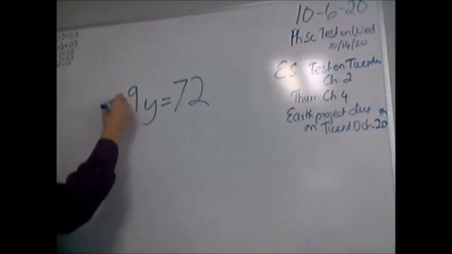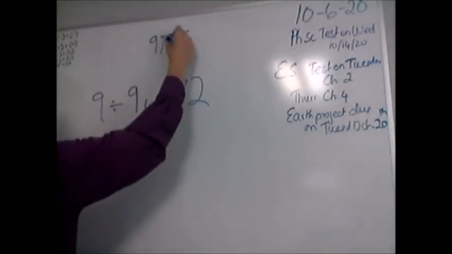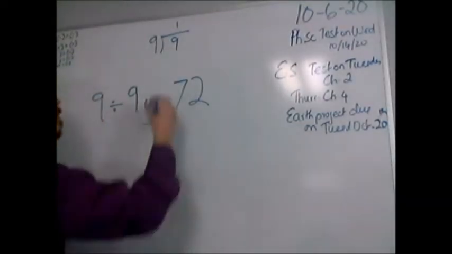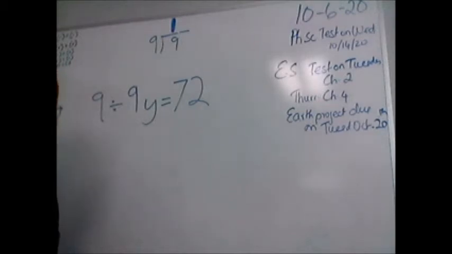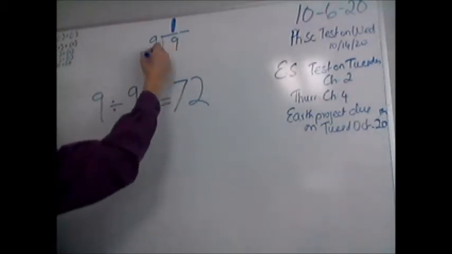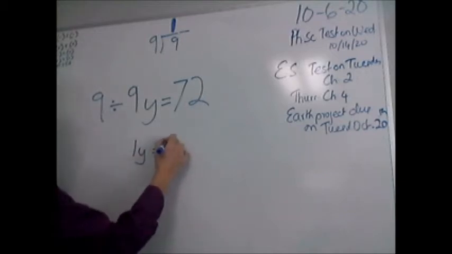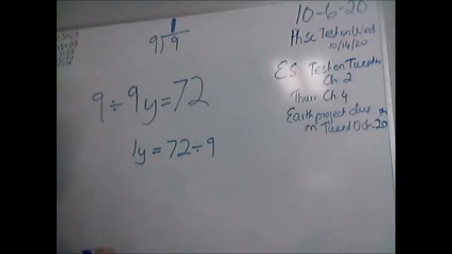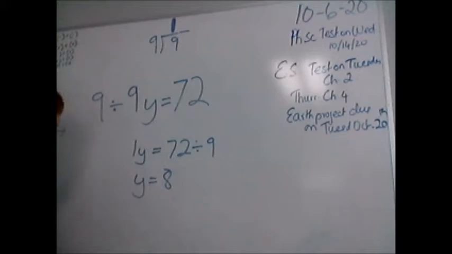If I divide both sides by 9, 9 divided by 9 is 1. Make sure you can see that. 9 divided by 9 is 1. So this now becomes 1y equals 72 divided by 9. Another way to write that is simply y equals 8.